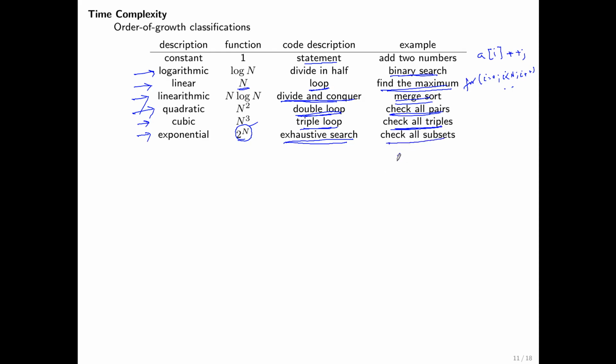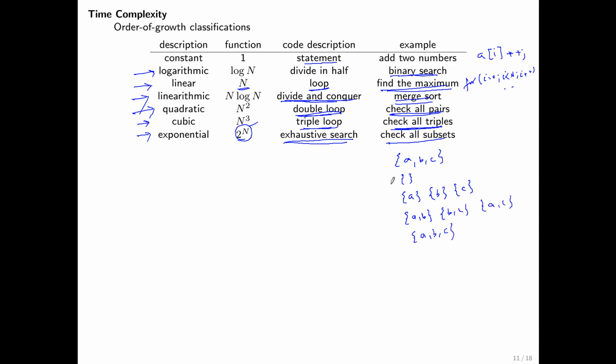For example, if I give you a set containing 3 elements, A, B, and C, and I ask you to print out all the subsets of this set, how many subsets do you have? You have the empty set, and then the sets that contain exactly one element. Then sets that contain exactly 2 elements, so AB, BC, and AC, and then the set that contains everything, ABC.